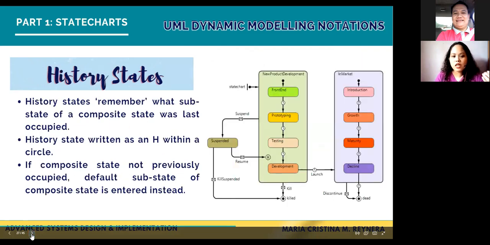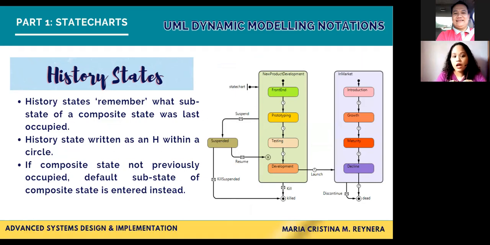The history state allows the user to go back. If you noticed the example a while ago with the letter H in the circle, that is also part of the history state. So you can go back to the last step, or two or three steps. The diagram you can see right now is an example of the life cycle of a product, like if you have your own business or your own beauty products.